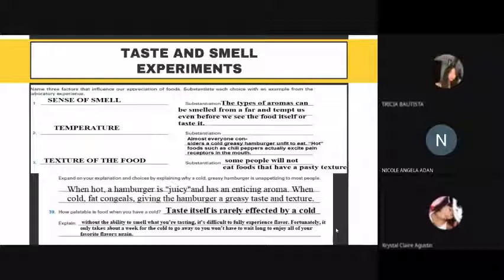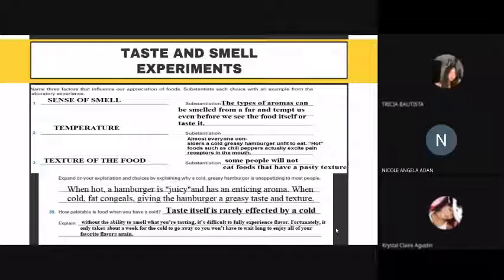Number 2, temperature. Almost everyone considers a cold, greasy hamburger unfit to eat. Hot foods, such as chili peppers, actually excite pain receptors in the mouth. Number 3, texture of the food. Some people will not eat foods that have a pasty texture.